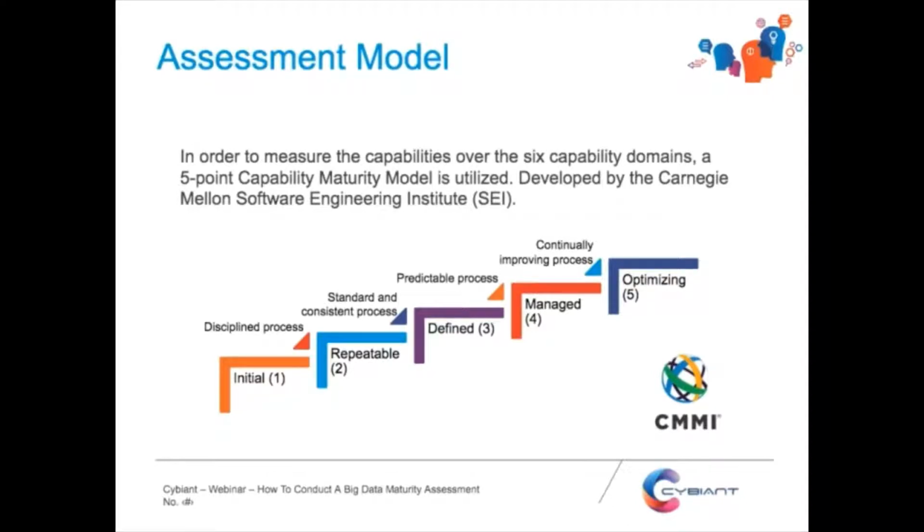So typically, to move from level 1 towards level 5, it takes around 2 years to move from almost zero maturity all the way towards an optimal environment. And with every step along the way, you will need to do smaller projects and smaller activities to move towards the next level.